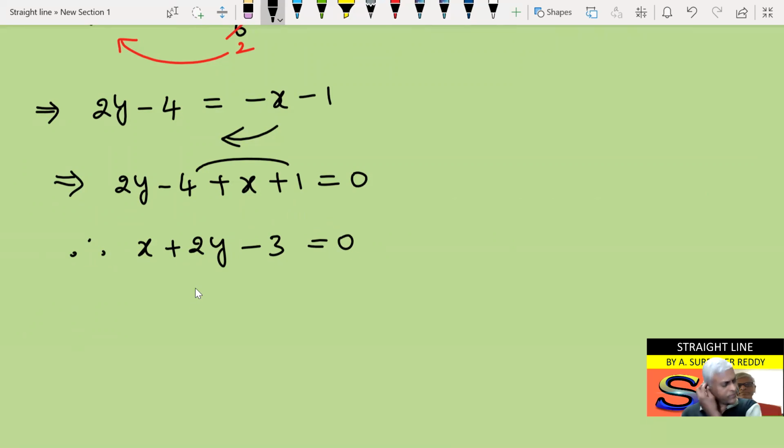This is the equation of the straight line passing through the given 2 points. Now we have to find the area.